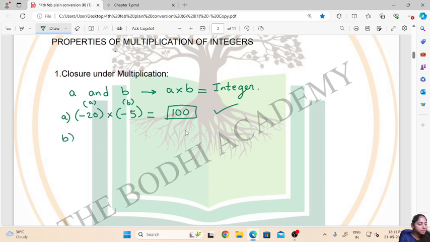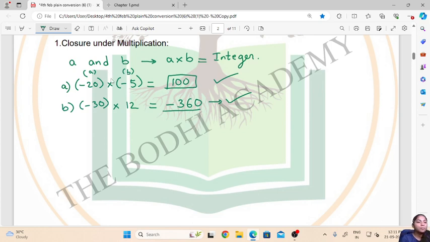Then we have minus 30 into 12. The product of these will be minus 360. Is minus 360 an integer? Yes, it is an integer. So for this problem also, this property is true.